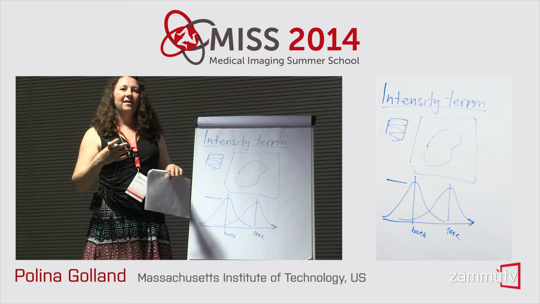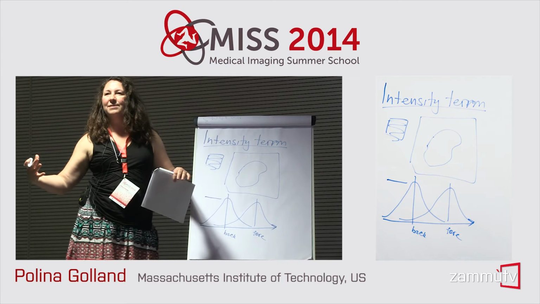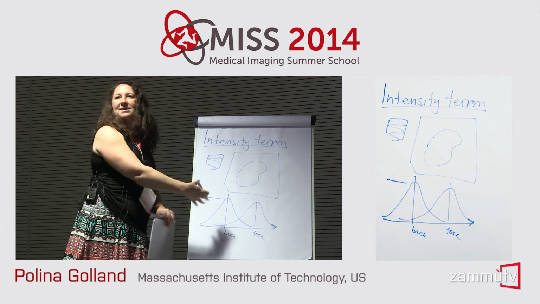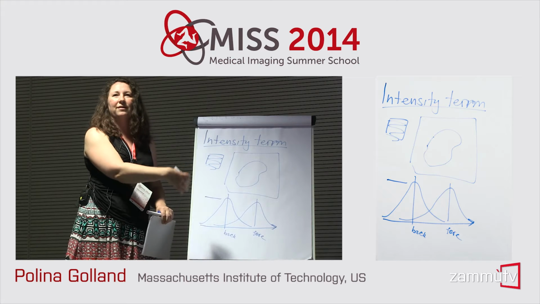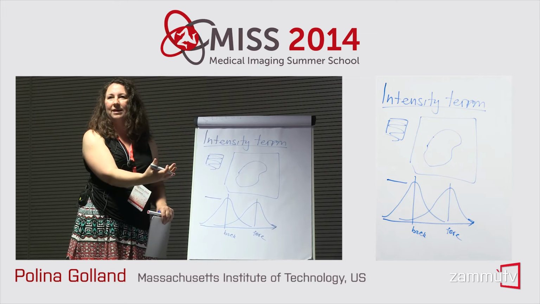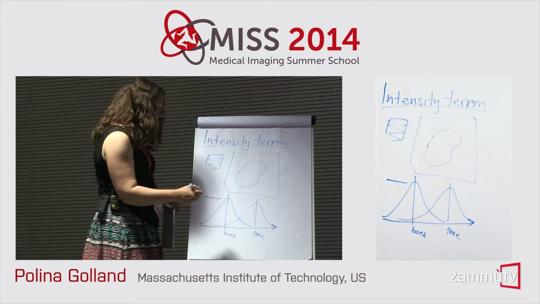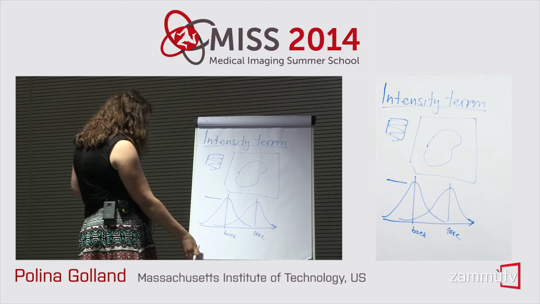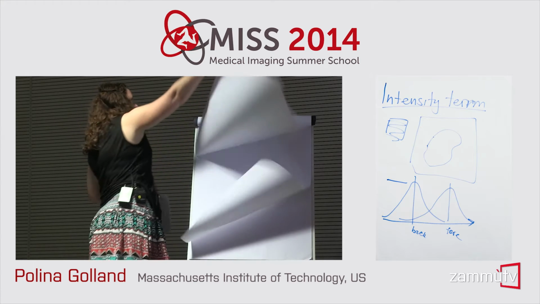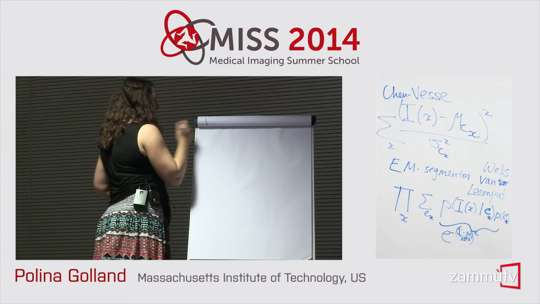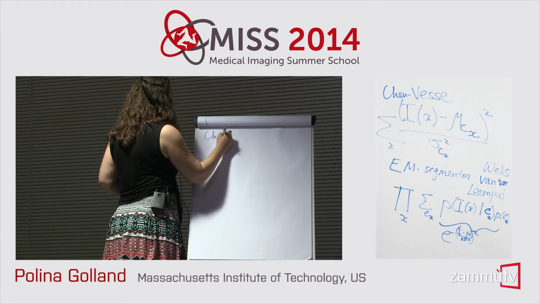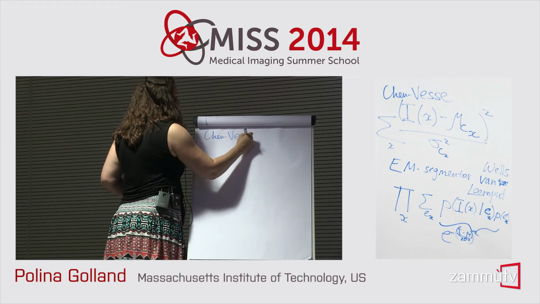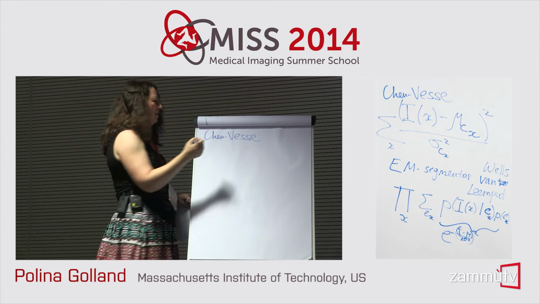And so all of the disagreement in the field seems to be about what it means to characterize that, because you can still quantify this in many different ways. So one of the most famous ways is what's called Chan-Vese. And you can look up the papers later.